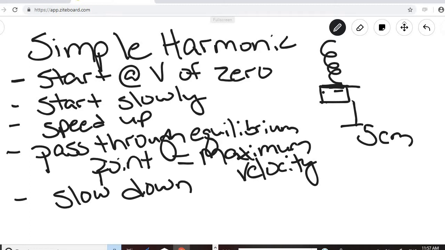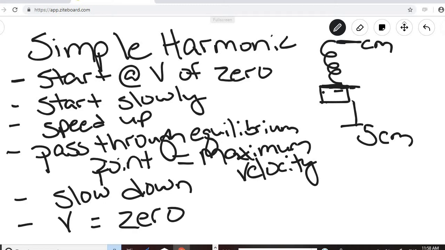And when this gets back up to 5 centimeters up here, when the displacement of this weight gets back up to 5 centimeters, then its velocity is going to be 0. And then it's going to start moving in the opposite direction, and the process will start all over again.